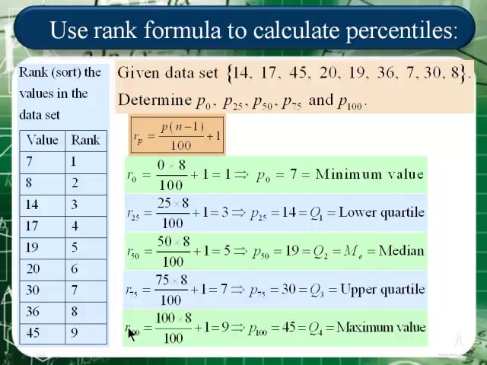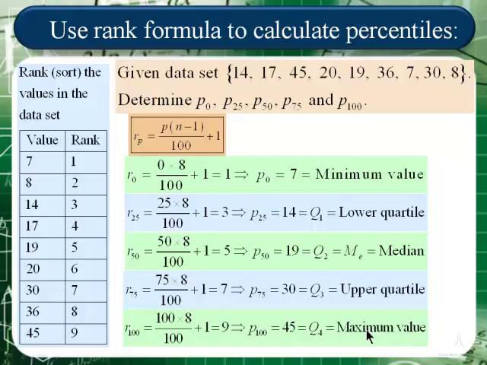And finally, the rank of percentile 100. If you work this out, it's pretty clear to see that it's 9. So percentile 100 is ranked at 9. So therefore 45 is percentile 100. You can say it's Q4, but this really is the maximum value.